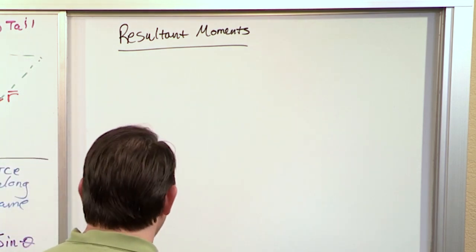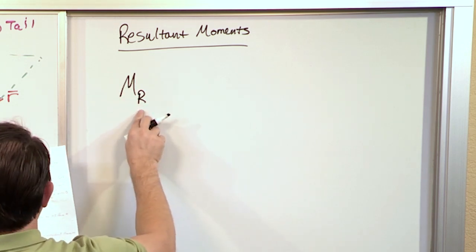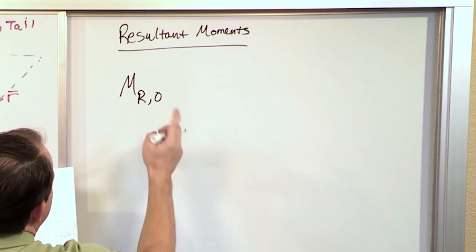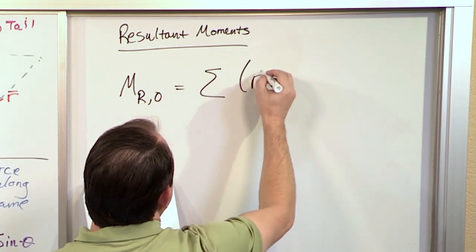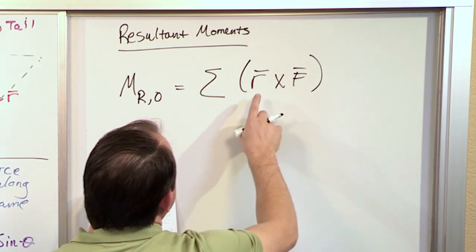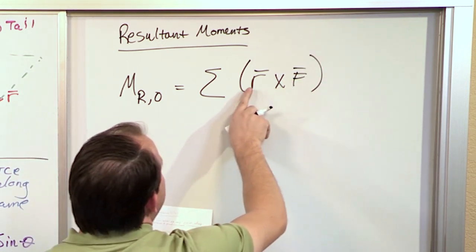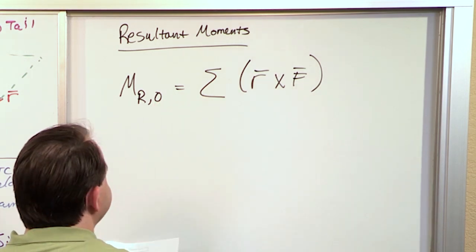Okay? So the way that you symbolize that in math is the moment, which is called the resultant moment about some axis, is just equal to the sum of the individual moments that you calculate. These are the individual moments you calculate. You have different forces acting at different points from the point O, that's what this is.